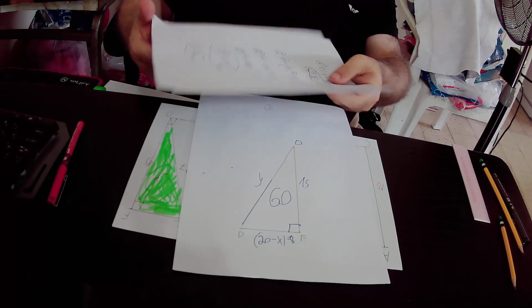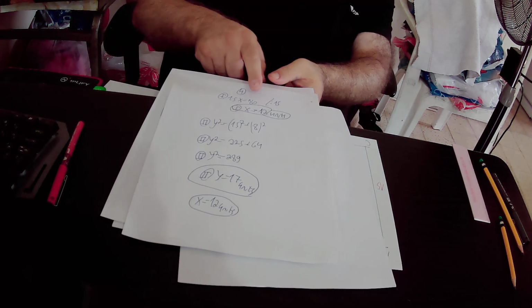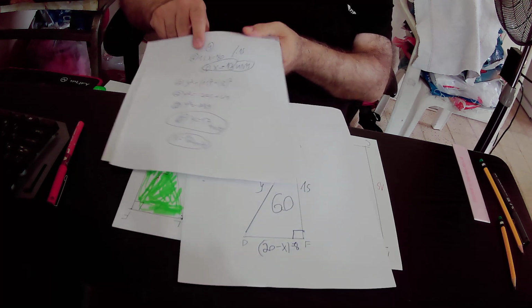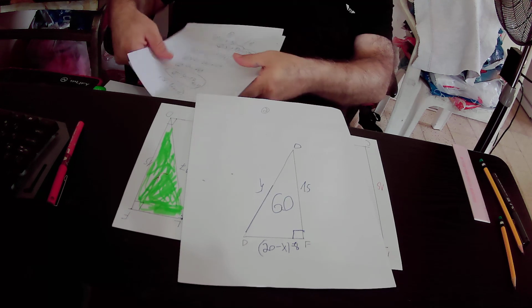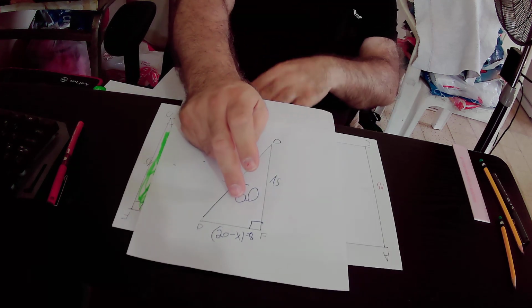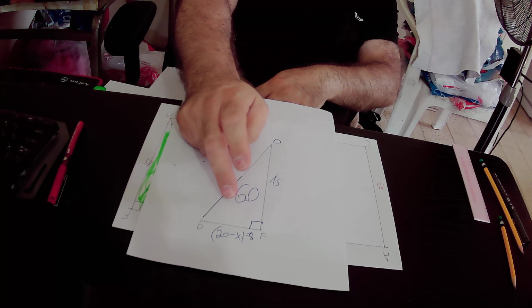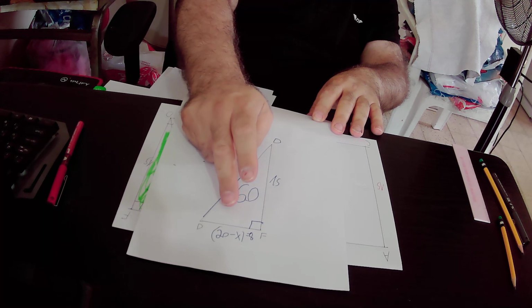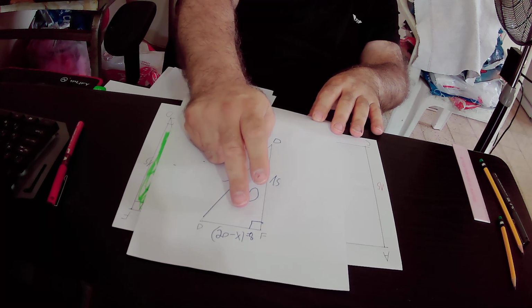We got that the value of x is 12 units, and now that we know that x equals 12 units, we also know that this side of the right triangle equals 20 minus x, and x equals 12.